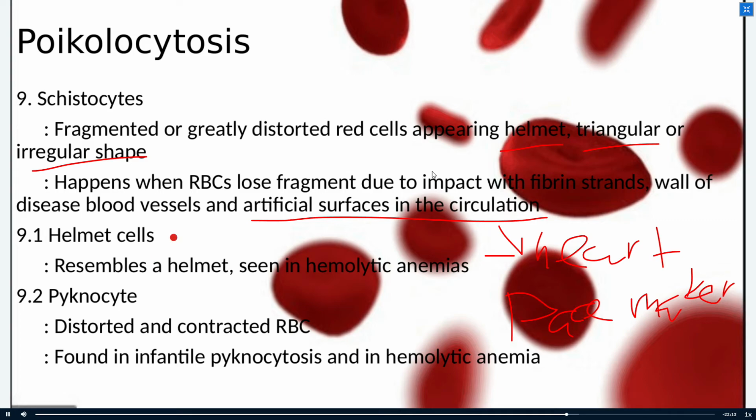Now, there are two types of schistocytes, the helmet cell and the pycnocyte. Now, your helmet cells class would resemble a helmet seen in hemolytic anemias, while your pycnocyte would be distorted and contracted RBC, usually seen in infantile pycnocytosis and hemolytic anemia.